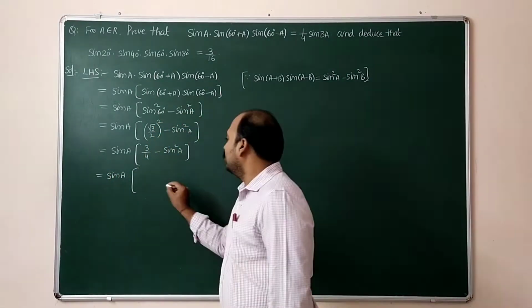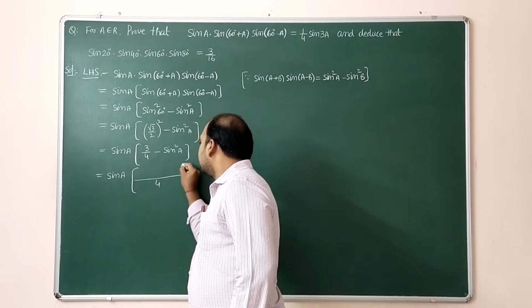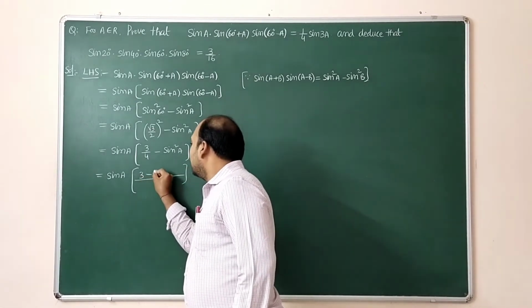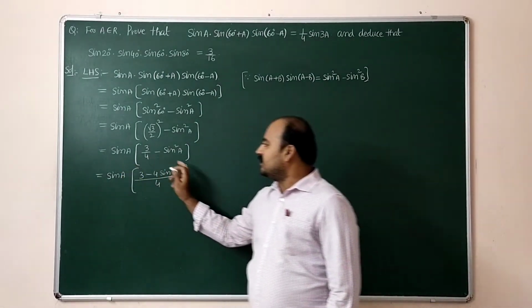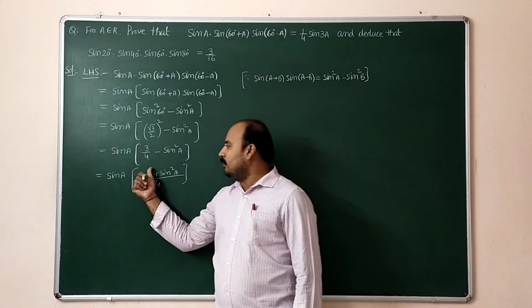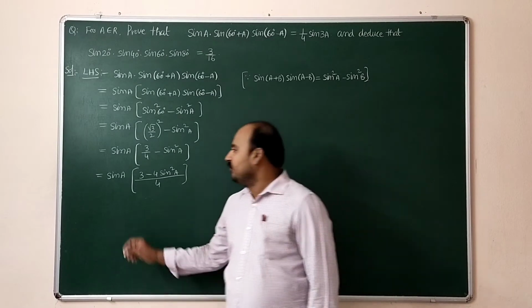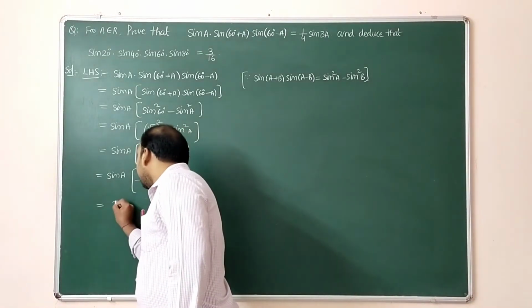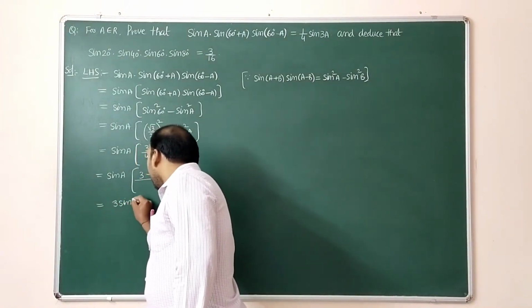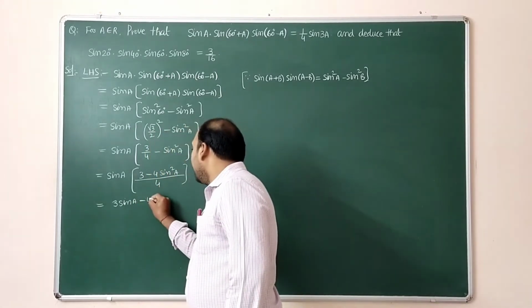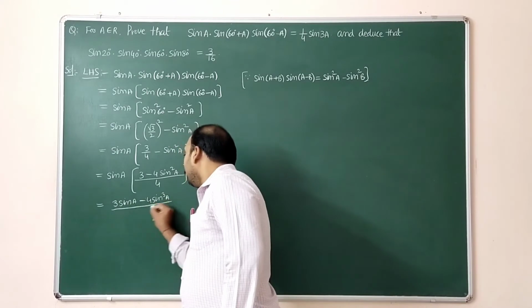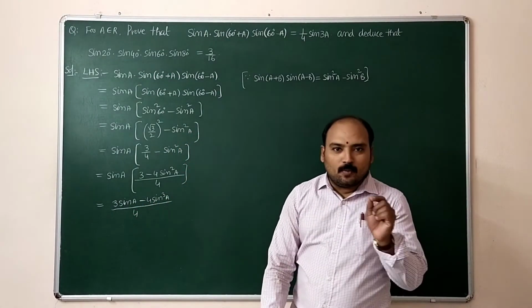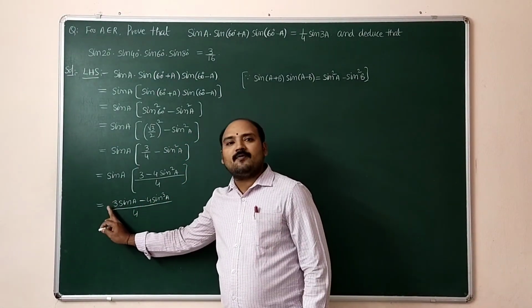Sin A into, 4 is the LCM, (3 minus 4 sin square A). So now do the actual multiplication: each and every term of the numerator is multiplied by sin A, and it becomes (3 sin A minus 4 sin cube A) divided by 4. By observing, the numerator is the formula for sin 3A.